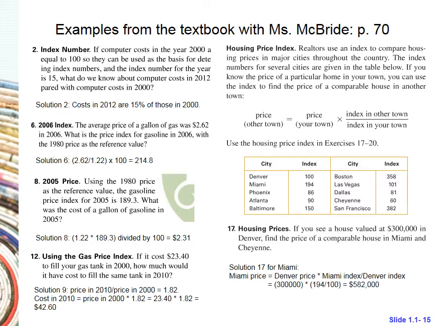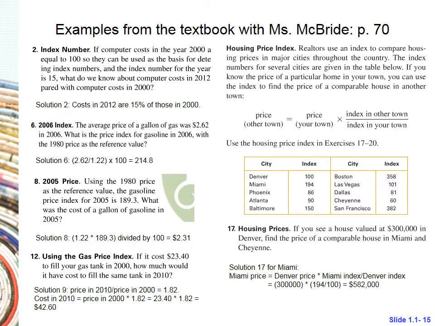All right, so 2006, index number 6. Here the average price of a gallon of gas was $2.62 in 2006. What's the price index for gas in 2006 with the 1980 price as the reference value? So if you go back and look at the table, it tells me in the book that I need to be looking at table 2.1.